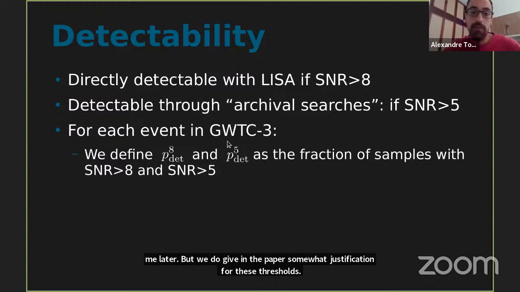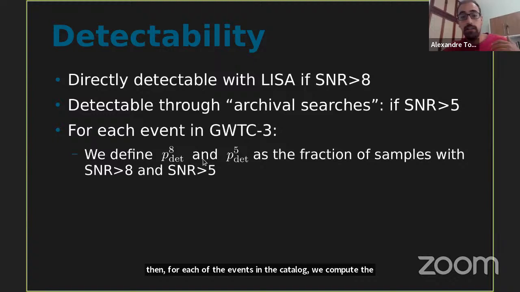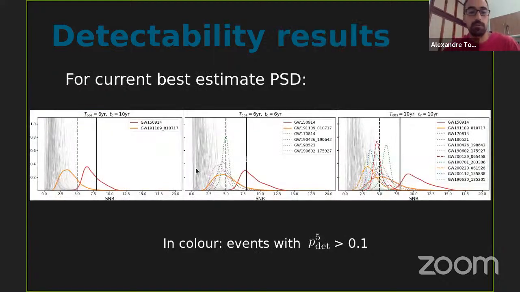Then, for each of the events in the catalog, we compute the probability of direct detection and of archival detection by computing the fraction of samples that have SNR above 8 and 5. Okay, so to show now the results. If we use the current best estimate PSD, here I'm showing the distribution of signal to noise ratios for all the systems in GWTC-3.